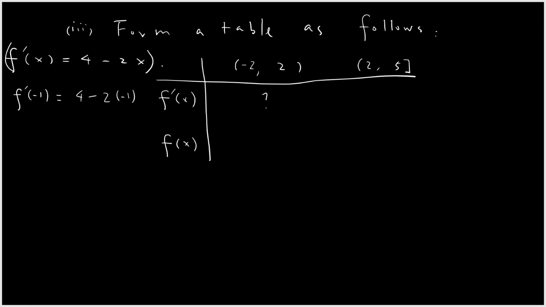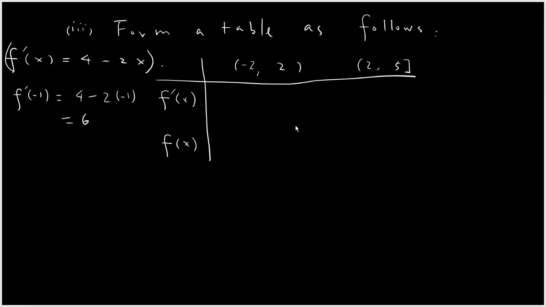So what number do you get? Sorry, you have positive 6. I'm not good at numbers. You have positive 6, right? Actually, I do not care about the values. I just care whether the number is positive or negative.